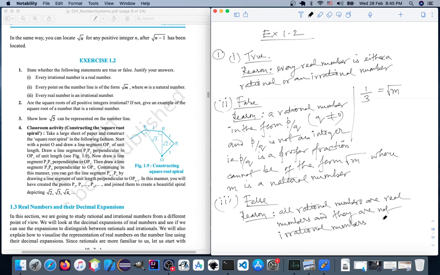So obviously, a rational number is not an irrational number. We know that the collection of the rational numbers and the irrational numbers together forms the collection of real numbers.